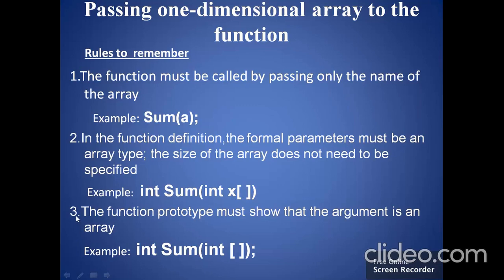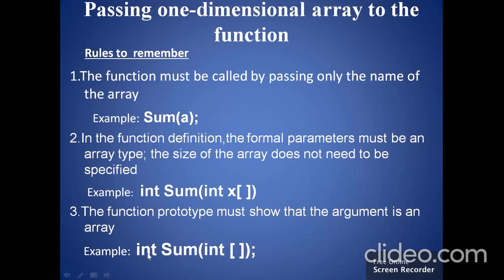So we move to rule number 3: the function prototype must show that the argument is an array. Consider the example: int sum(int []); This is an example of function declaration.